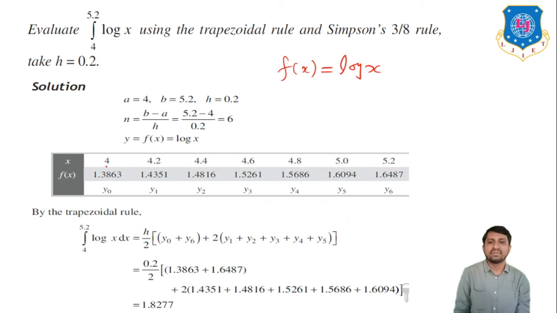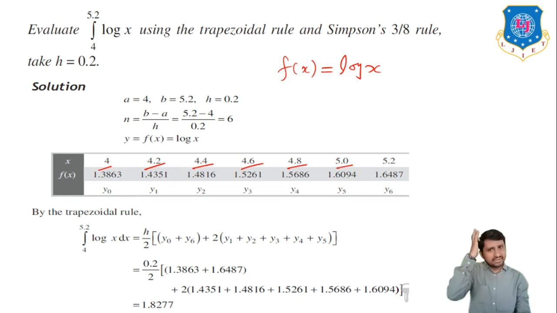So the values of x are 4, 4.2, 4.4, 4.6, 4.8, because the interval difference is 0.2. We start with 4 and the difference is 0.2, so 4.2, 4.4, 4.6, 4.8, 5 and 5.2. The upper limit is 5.2. Now you can easily find all these values using your calculator.